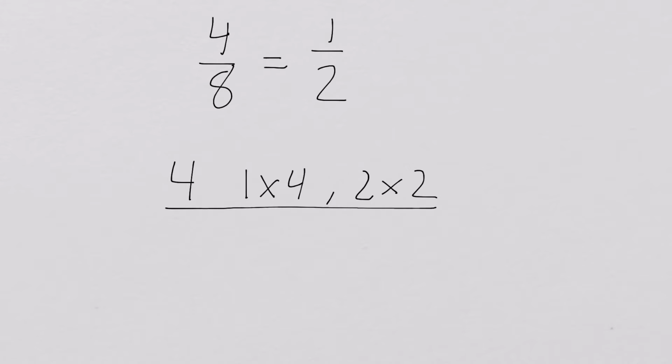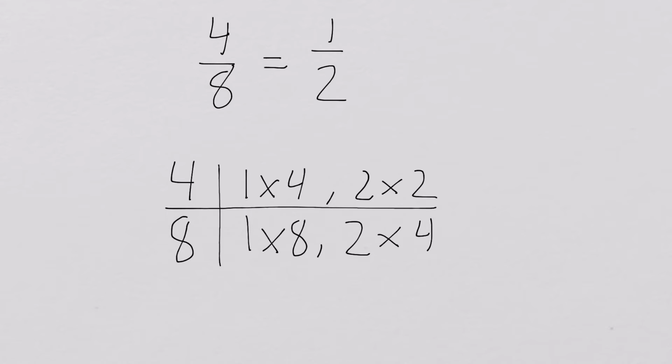Both of those problems give us an answer of 4. We do the same thing with our denominator, 8. So we could have 1 times 8 and 2 times 4.